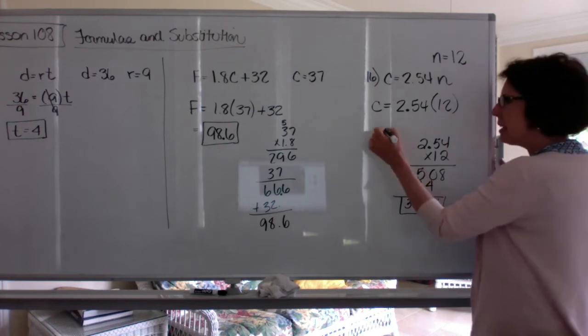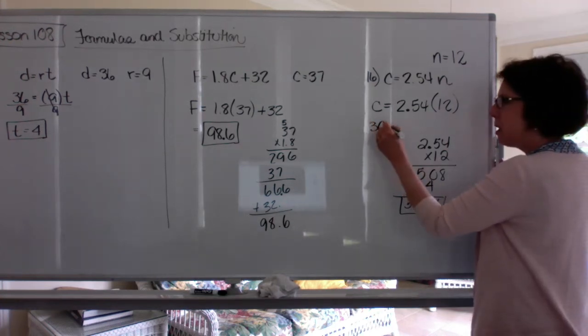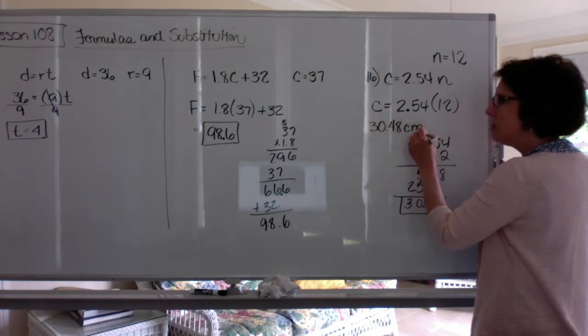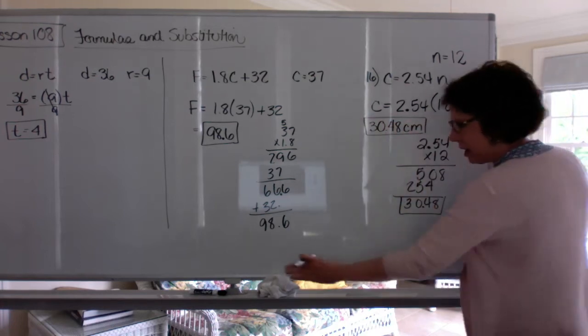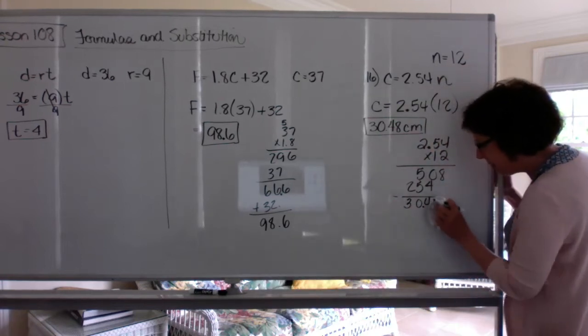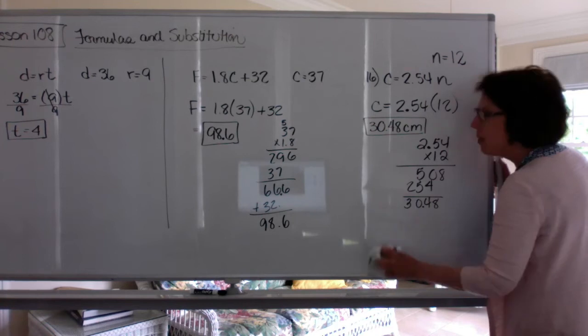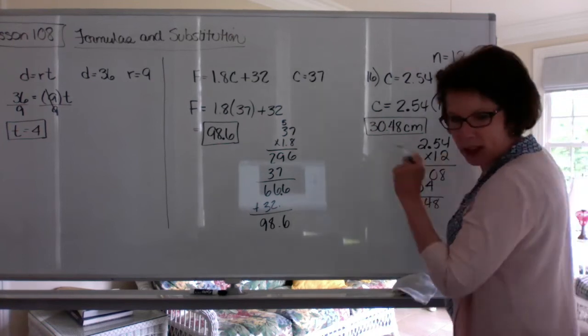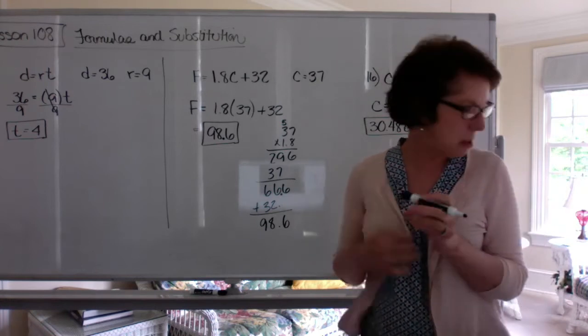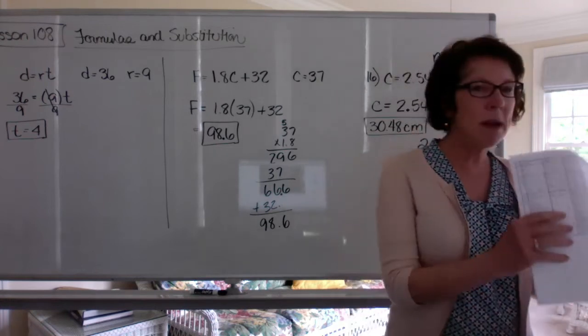And so actually I shouldn't box it there. I'm going to put 30.48 and then centimeters and box it with the units. Okay, so let me box it with the units and not box it down here. All righty. Well, how'd you like that? Quick, to the point. We're just going to be substituting values into our formulas.